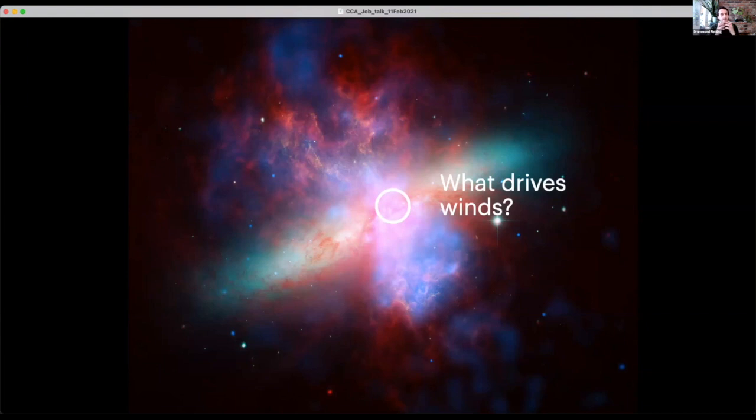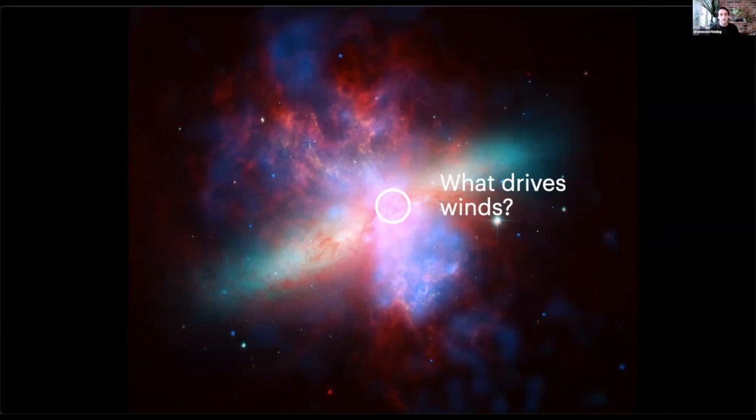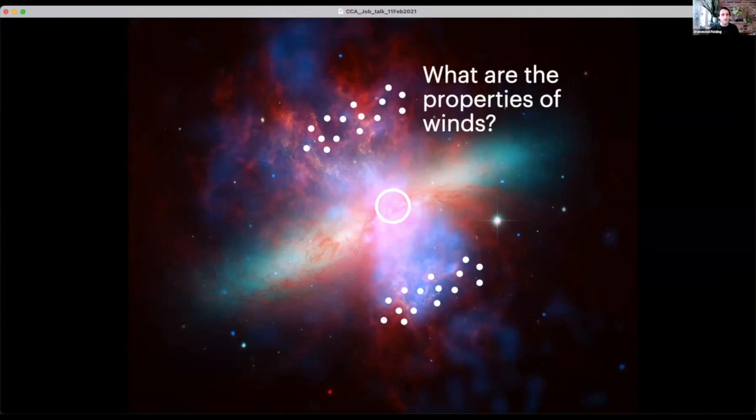So we'll start by talking about what actually drives the winds. So from within the galaxy, how are these winds powered? Then we'll move out into the winds themselves and look at the properties of the winds. And in particular, in this M82 example, there is 10,000 degree gas shown in red, moving at thousands of kilometers per second.